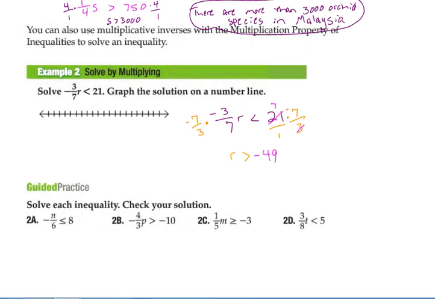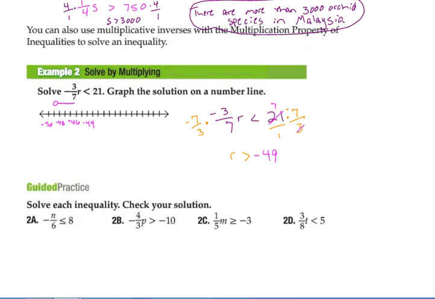Okay, with that in mind, I'm going to go ahead and graph this. I might as well start with negative 50. Then I can go to negative 48, negative 46, and so on. And maybe I'll do one more. I think I'm just going to leave it at that because I know R is greater than a negative 49. So I'm going to have an open circle at negative 49.